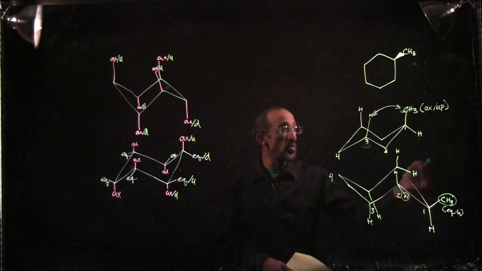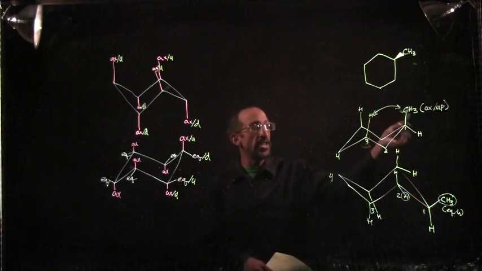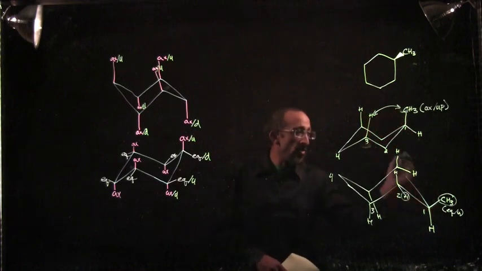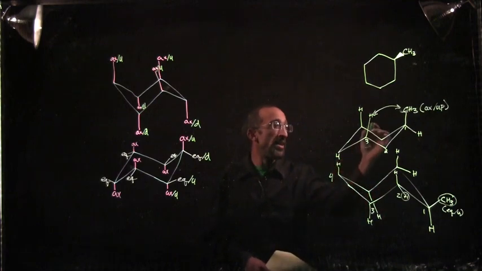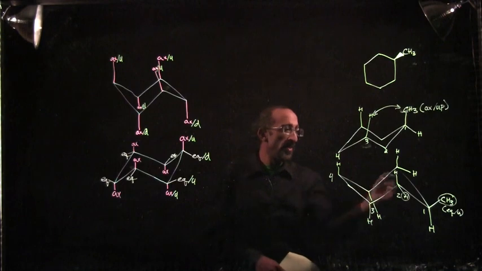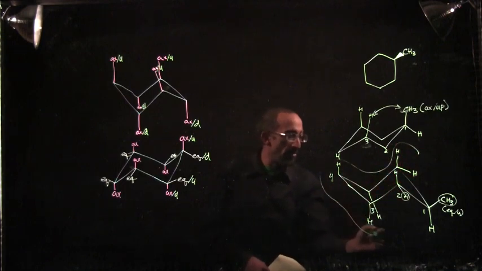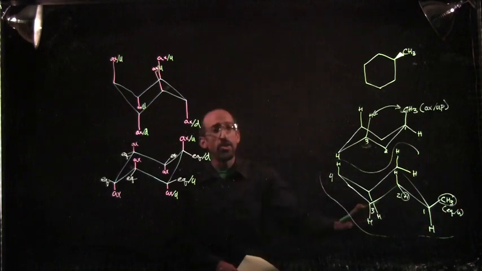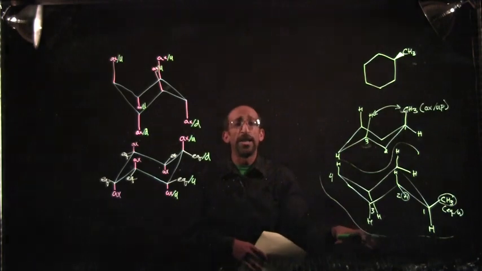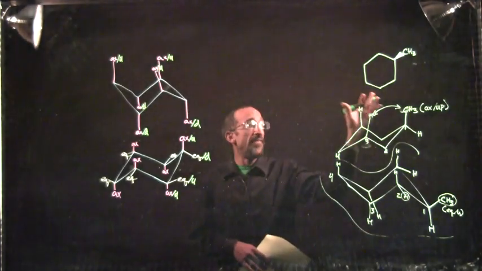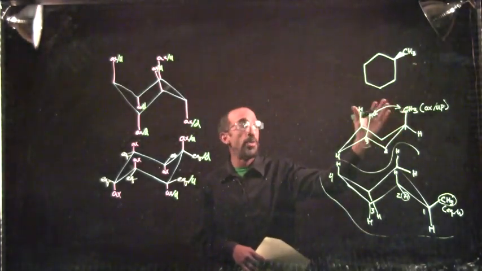And so now, since we've removed this potential steric interaction, and we've kept our potential torsional interactions the same at these 1,3 positions, we can see that this lower molecule, where I have placed the bulky group in an equatorial position, is actually lower in energy than if I have this group axial.